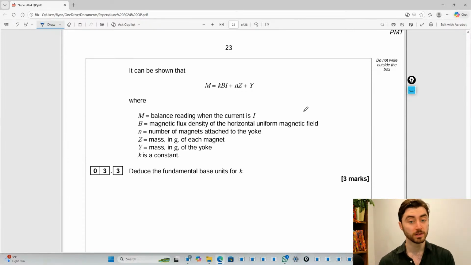Deduce the fundamental base units for K. Interesting. So these are all masses. The fundamental base units will be kilograms. We know that F equals BIL, which means that F over L equals BI.